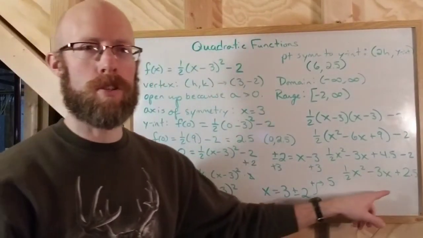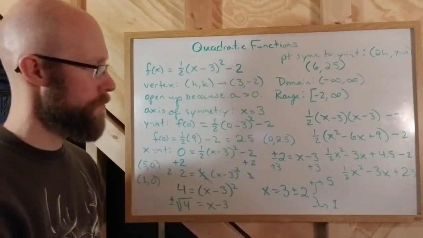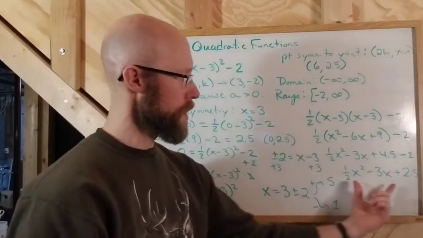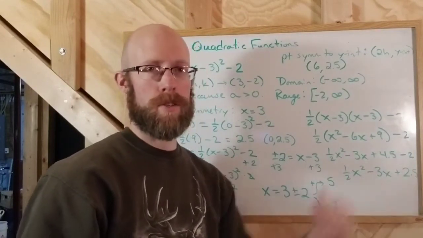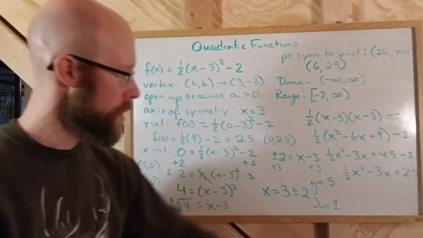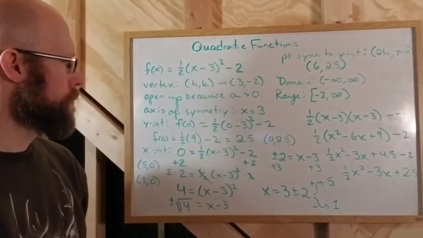Now notice the 2.5 at the end, that's our y-intercept. And this would then be the standard form. A is 1/2, B is -3, C is 2.5. Right? So the last thing to do is to plot all of this.